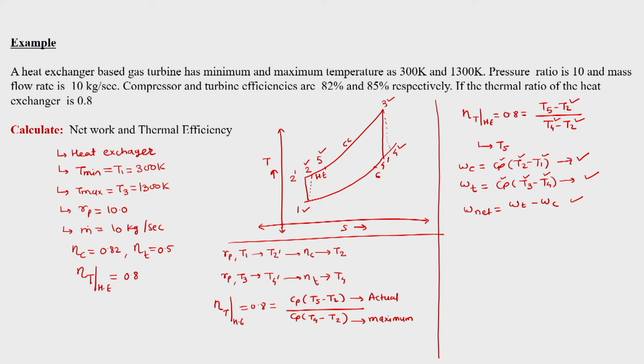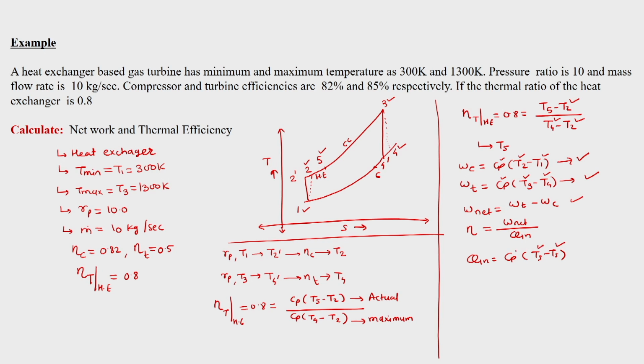Now we have to find out the efficiency of the power plant. Efficiency of the power plant is W net divided by Q in. Since we do not know Q in, we can find out Q in as Cp into T3 minus T5. So we should know T5. T5 is known to us from the heat exchanger formula.